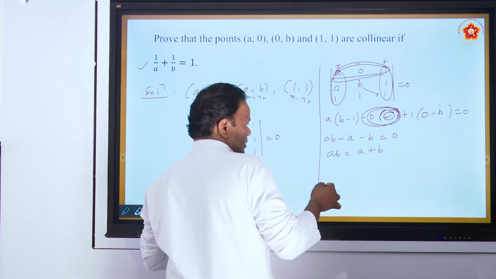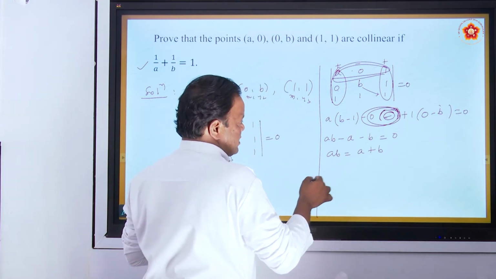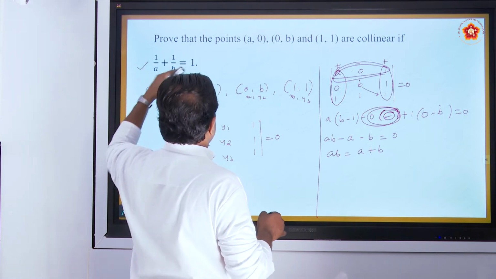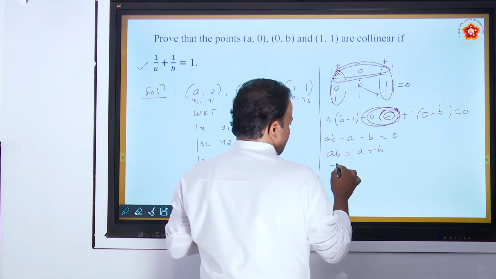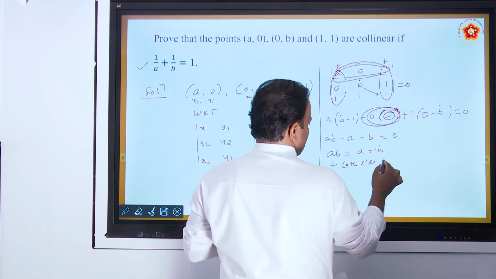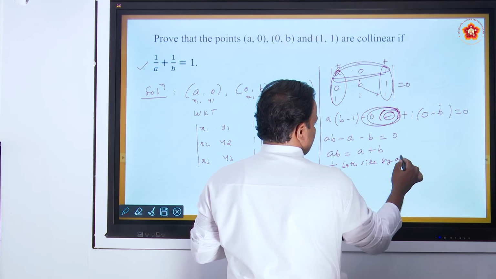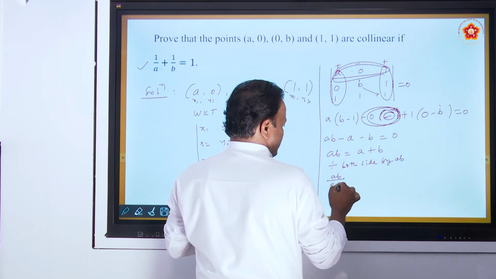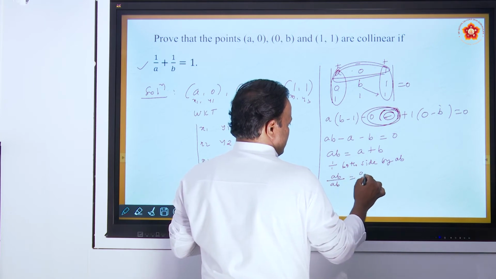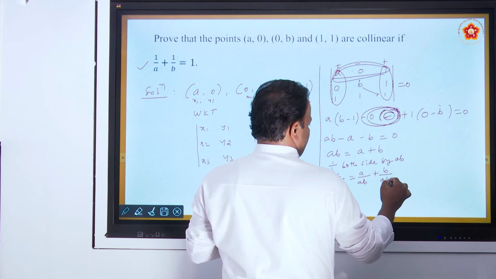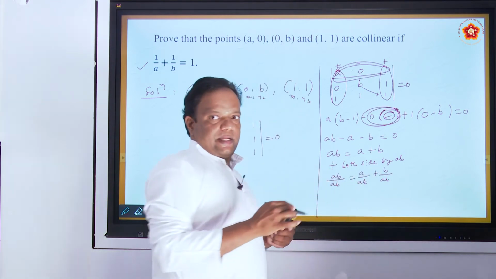So a little bit of adjustment is needed here, because we need the answer like this: 1/a + 1/b = 1. So divide both sides by ab, the whole equation, LHS and RHS. Okay, ab divided by ab is equal to a divided by ab plus b divided by ab, dividing both sides by ab.